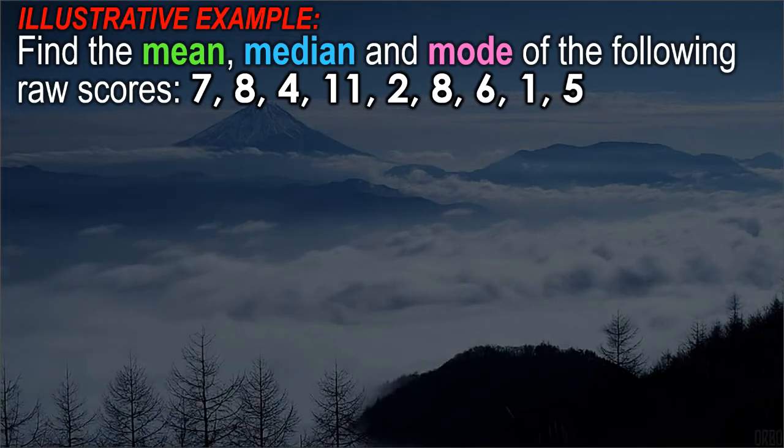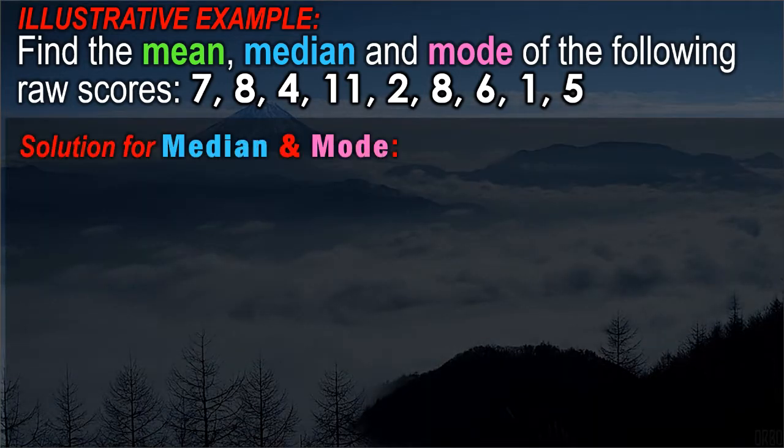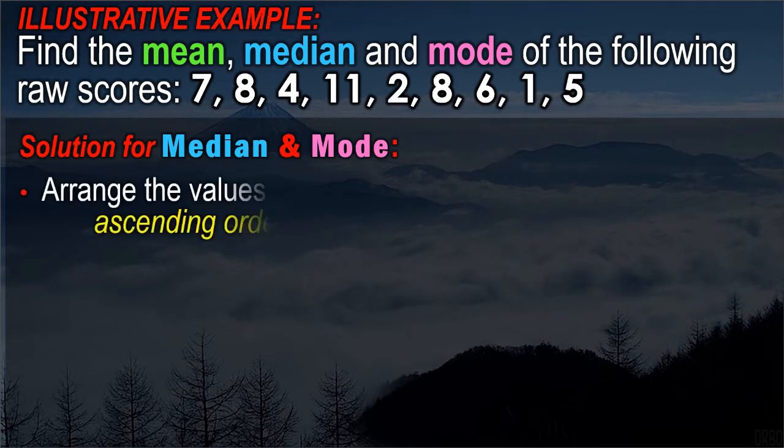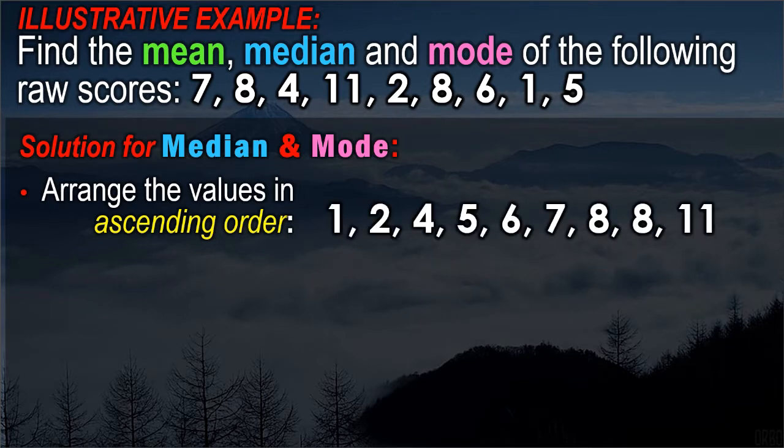Now, for the median and mode. For the median, we need to arrange the values in ascending order. So we have first 1, followed by 2, 4, 5, 6, 7, 8, 8, and 11.